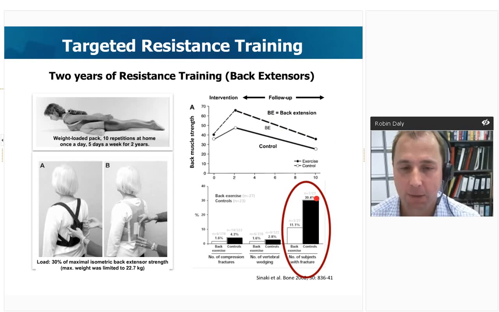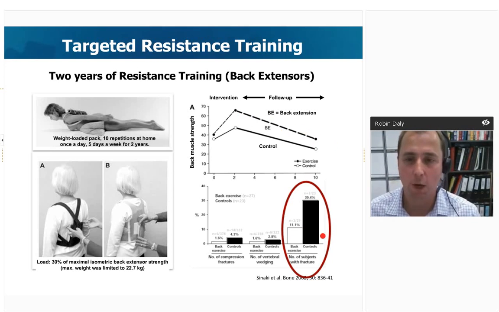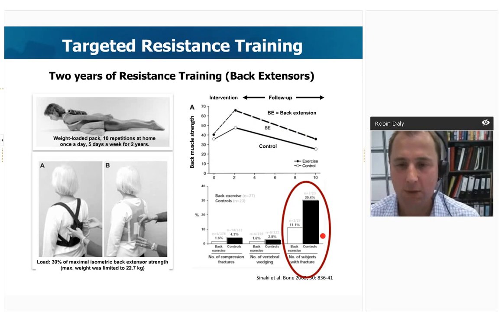Now, I'm not recommending you all go and buy these little backpacks and start doing back extension exercises, but I'm just trying to highlight the point that if you do very targeted and specific exercises, you can get some very real, clinically important benefits than if you just do a generic type program.